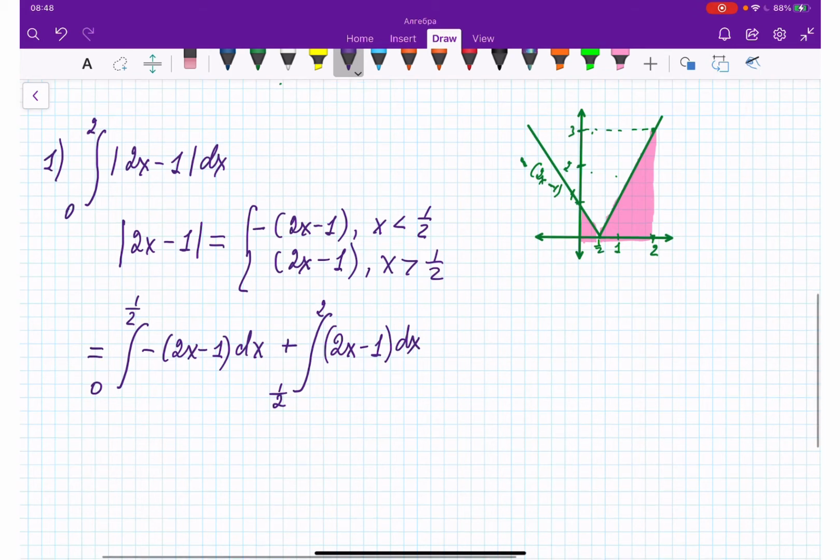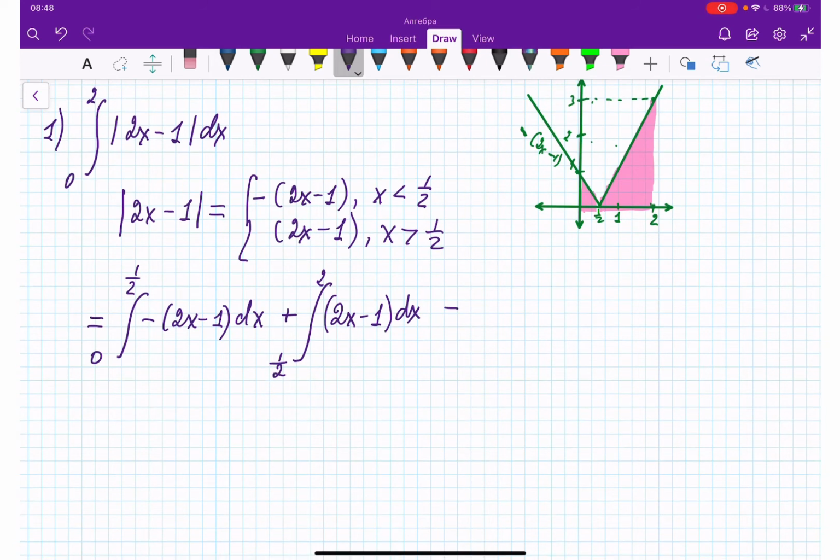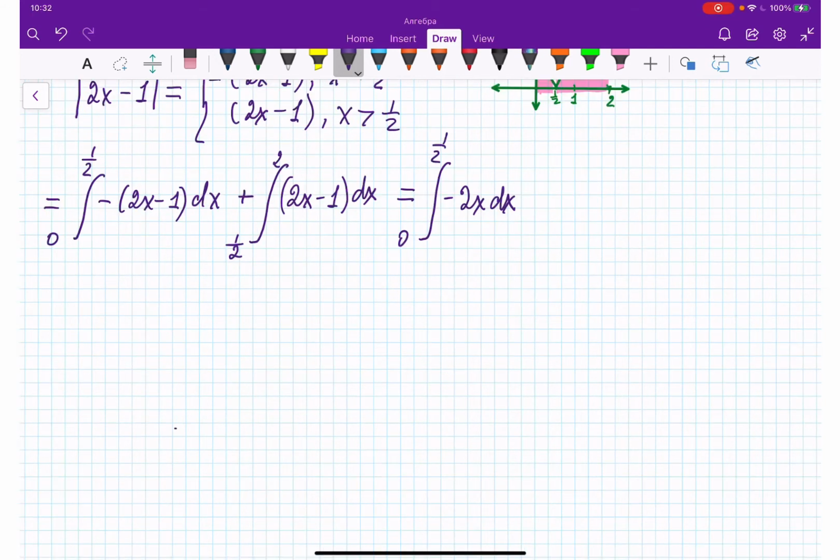This is going to be equal to, again, as always, I'm trying to jump, let's go slow. 0 to 1/2, negative 2x dx. Well, it's going to be plus, right, because of the negative sign in front.